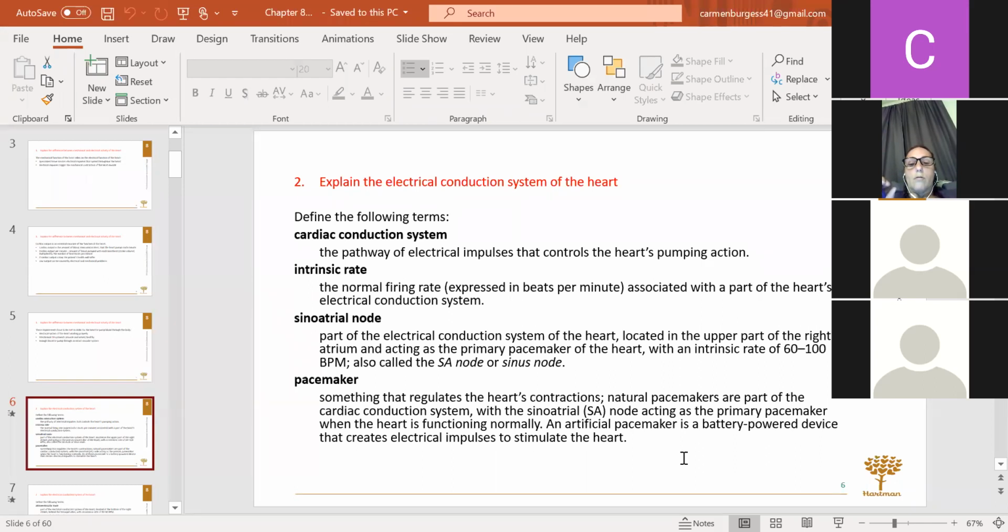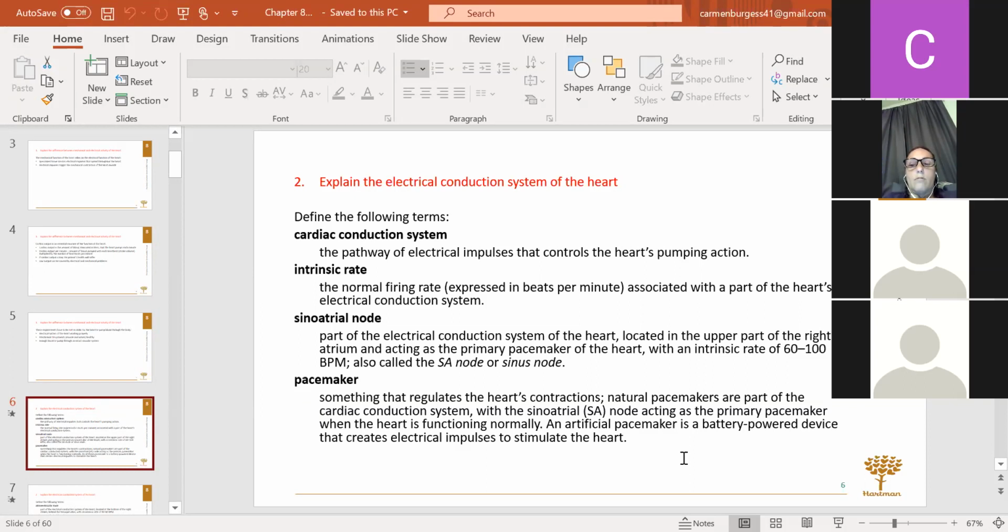The SA node? Exactly. Because is 80 normal? Yes. So it's 60 to 100. Now, further along, but just keeping in mind, if this person's heart rate is 40, do you think it's firing at the SA node? No. So somewhere else along that conduction system is firing that heart.